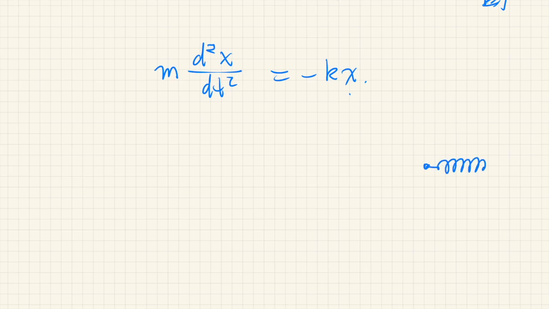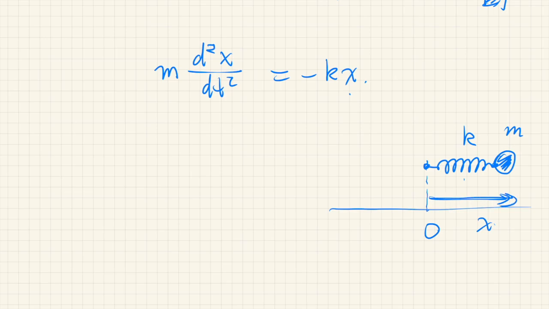So we have a mass point with mass m, maybe in kilograms, and it's bound with a spring to the origin. So this is x, and the spring constant is k. If x goes to the positive side, then this particle feels the force in the opposite direction. Therefore there is a minus sign. So this will oscillate around the origin like this.